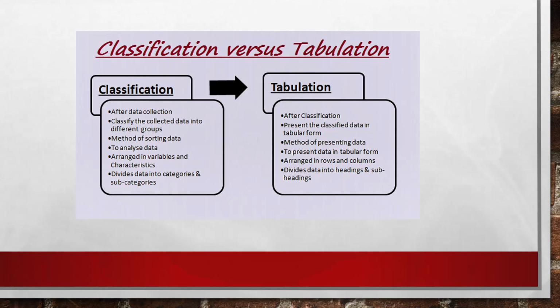Classification is a method of sorting data, whereas tabulation is a method of presenting data. In classification, it is arranged in variables and characteristics, but in tabulation, it is in a tabular form, that is in rows and columns. And classification divides data into categories and subcategories, whereas tabulation divides data into headings and subheadings. So these are all about our classes.